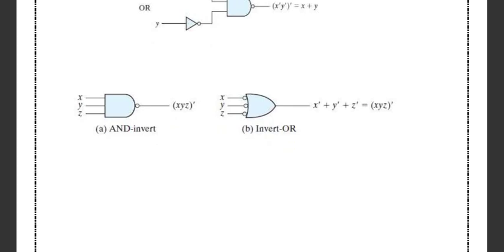Here we have the inversion, and we are getting the value x bar because here is a NOT gate, here is a NOT gate, and here is a NOT gate. That is why you are getting x bar plus y bar plus z bar. That will become xyz total bar.